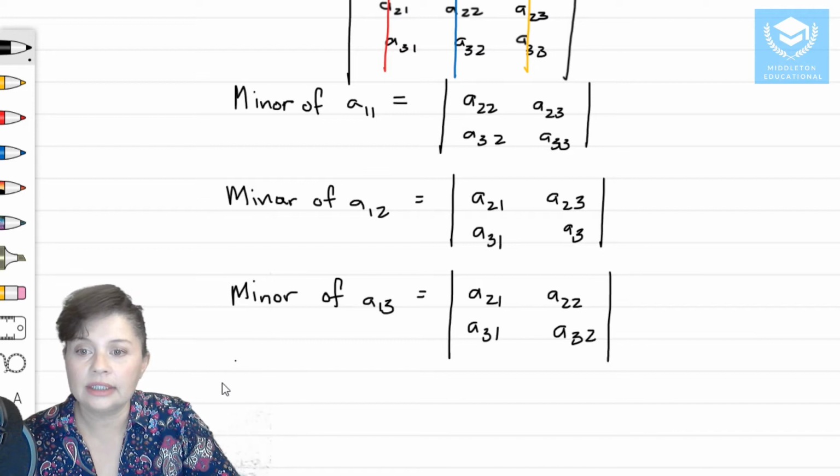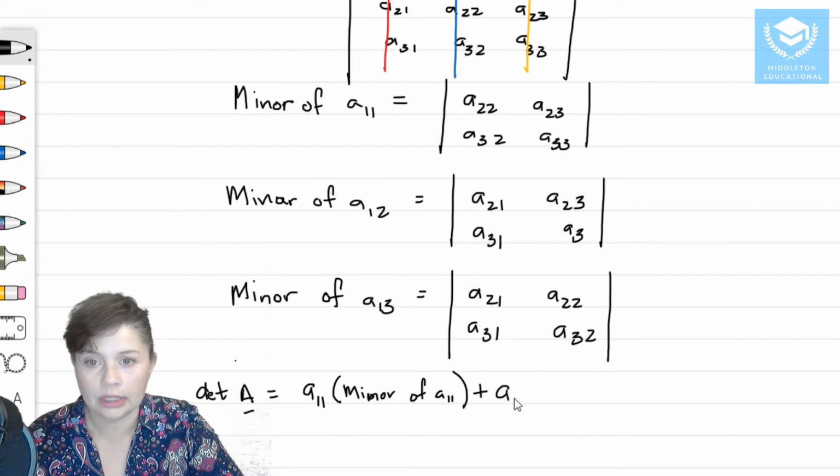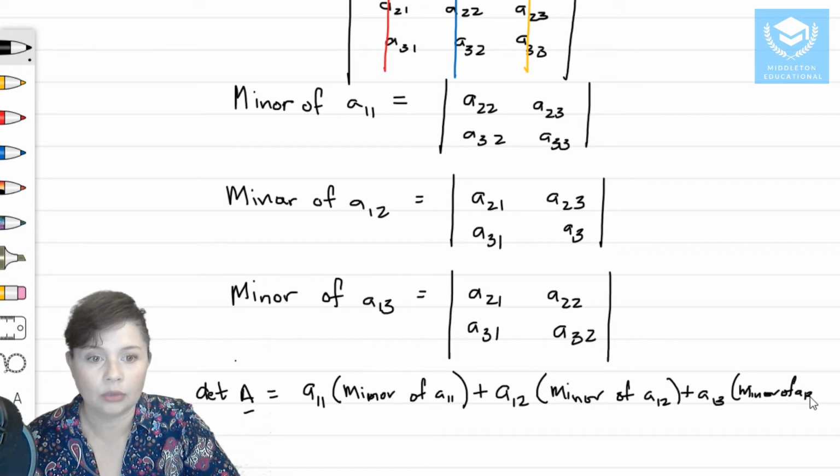So then the determinant of A is going to be A11 times the minor of A11 plus A12 times the minor of A12 plus A13 and the minor of A13.